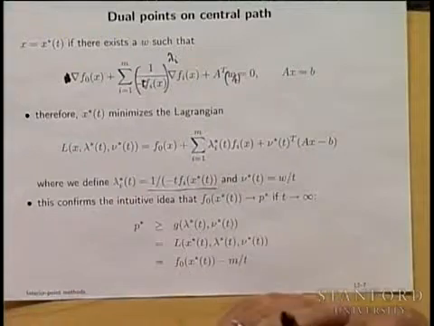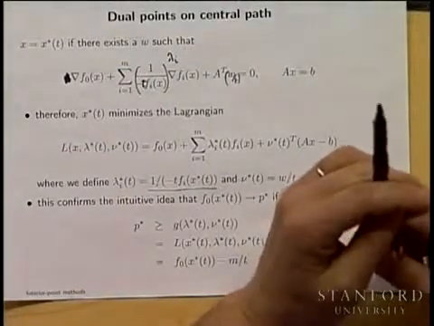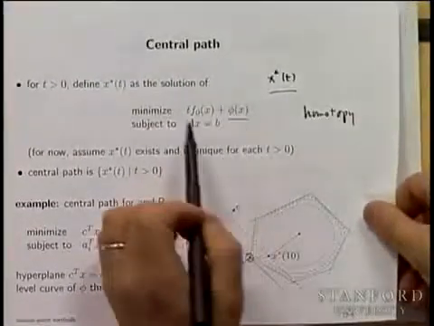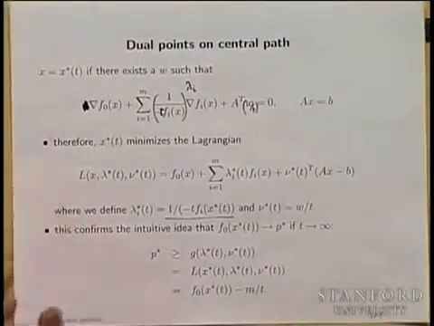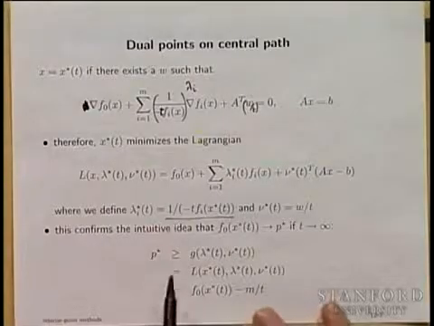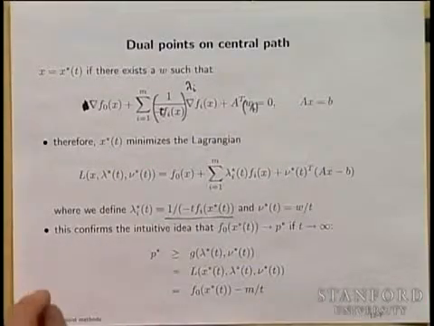If you minimize the Lagrangian, then it means you actually have a point that's dual feasible. That means immediately you're going to get a lower bound on the original optimization problem. It's actually kind of interesting. If you minimize this, which you can do very easily for any value of t, using Newton's method, then whether you like it or not, you will get a dual feasible point for the original problem.